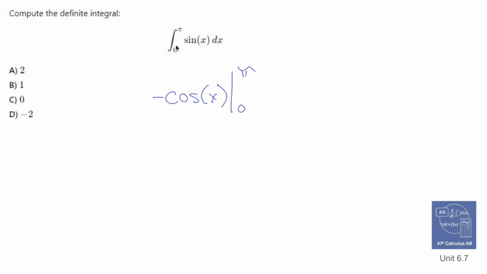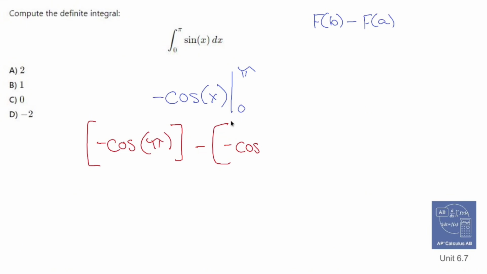Remember, when you integrate and you have an upper and a lower limit, you take that antiderivative, which I just did, plug in the upper limit, minus, take the same thing, plug in the lower limit. That's what I'm going to do here. I'm going to say negative cosine of the upper limit, which is pi, minus negative cosine of the lower limit, which is 0.